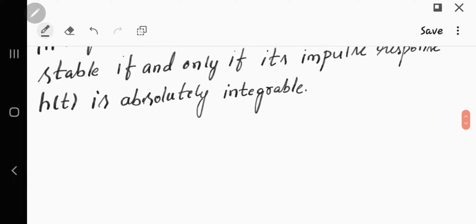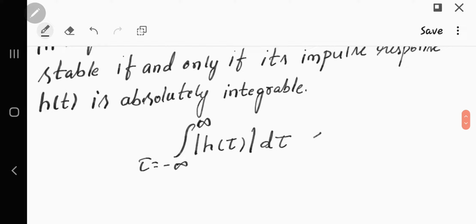If you express that mathematically, it says the integral, tau varying from minus infinity to plus infinity, modulus of h of tau d tau, this value should be less than infinity. So the integration of the impulse response should produce a finite value which is less than infinity.